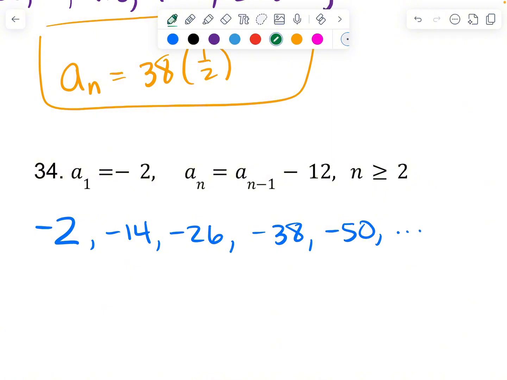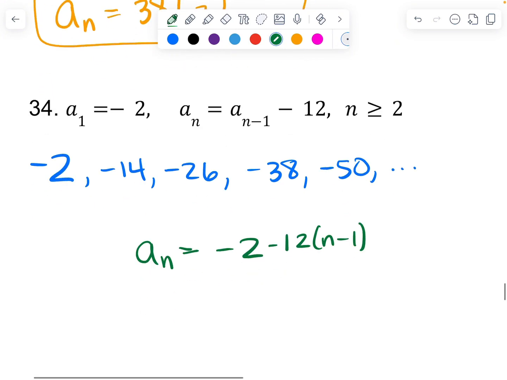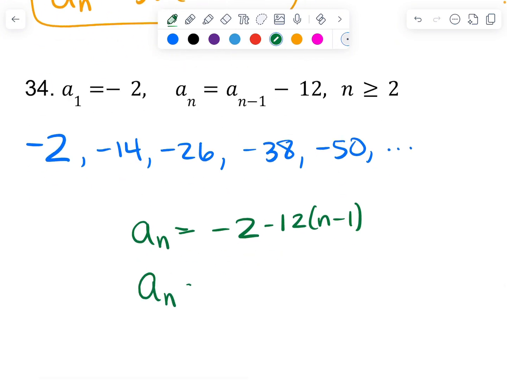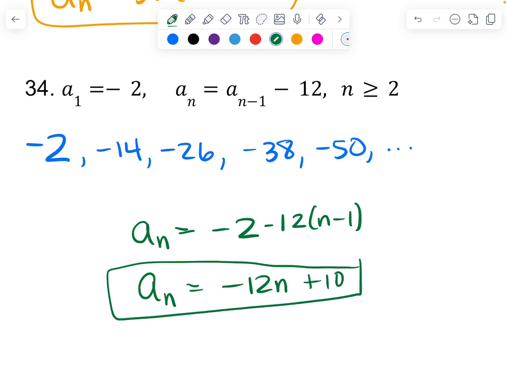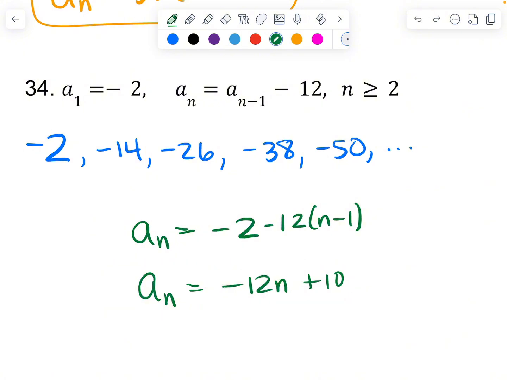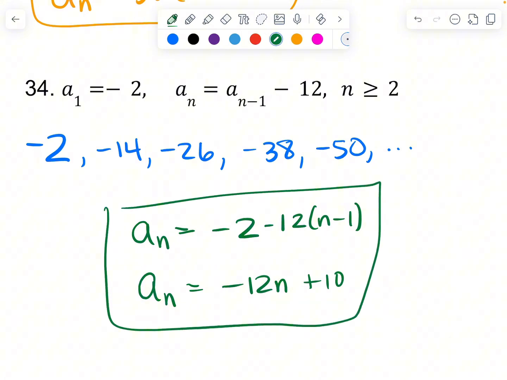So if I'm going to write my explicit, I have a sub n equals negative 2 plus, oh no, we're subtracting 12 times n minus 1. Now if you have it in the simplified form, it would be negative 12n plus 10. I don't know why I did that. It should be around both of those.